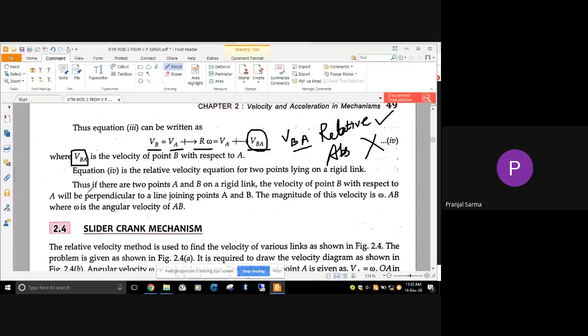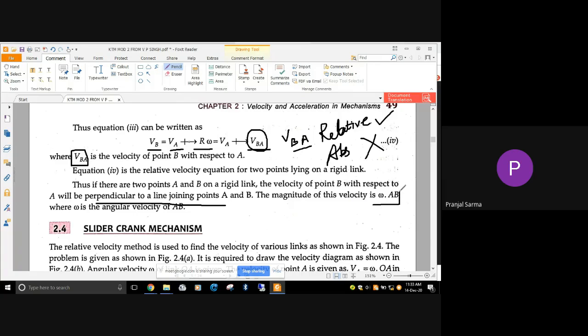So that means, just like we discussed previously, if the 2 points are A and B on the same rigid link, the velocity of point B with respect to A will be perpendicular to the line joining points A and B. And the magnitude is v equals r omega, where r is the distance AB and omega is the angular velocity of that link.